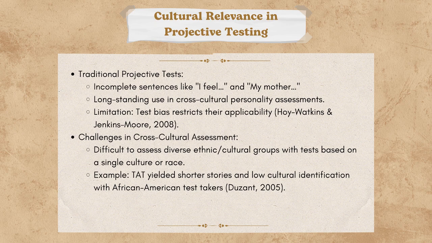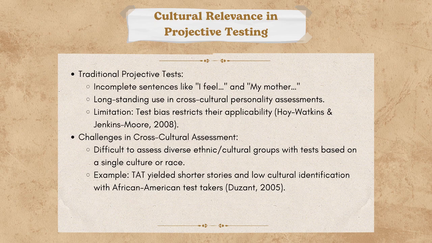Studies done by the same people, Hoy, Watkins, and Jenkins-Moore, 2008, have revealed that, for example, when the test was used with African American test takers, the result was often shorter story length and low levels of cultural identification, 2005.